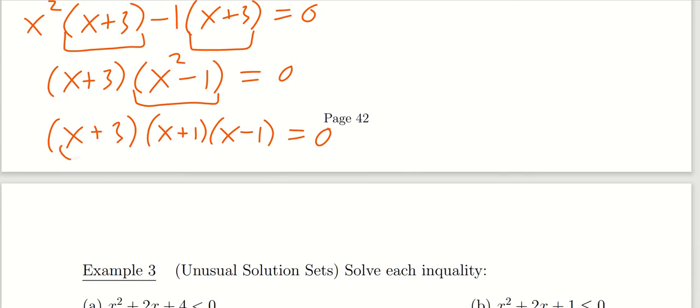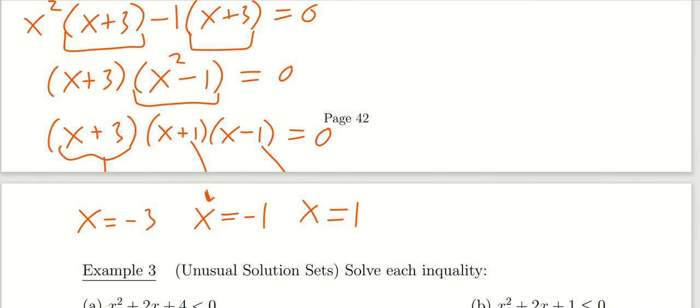If you set the first factor equal to 0, that's going to give us x equals negative 3. If you set this factor equal to 0, that'll give us x equals negative 1. And if we set this factor equal to 0, we will get x equals 1. So on this particular example, we have 3 boundary points. They are negative 3, negative 1, and positive 1.